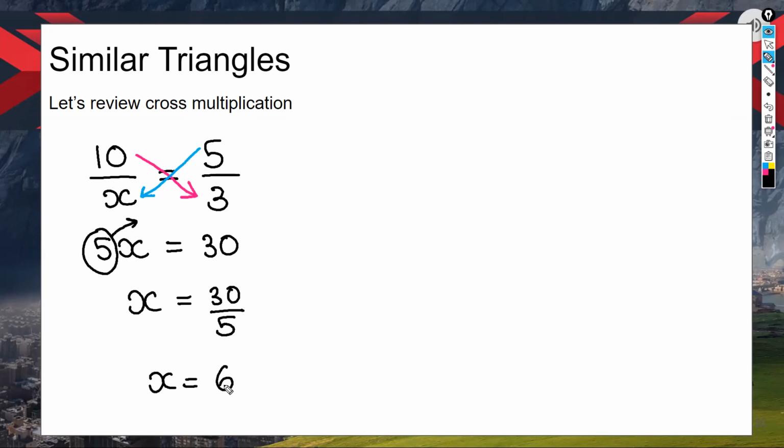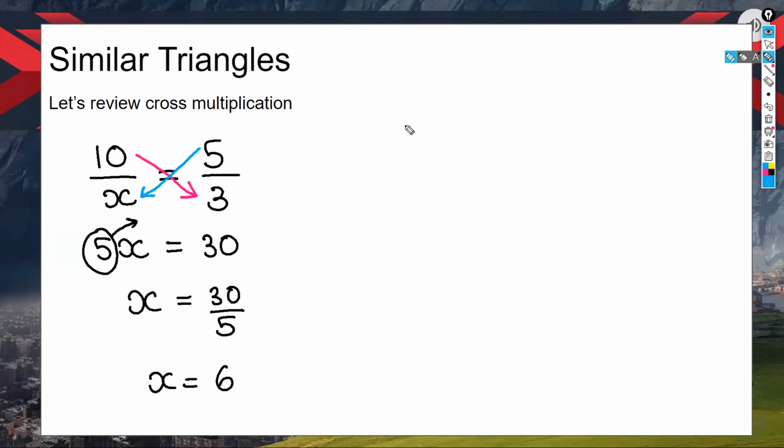All right. So just one more question, and then we can move to similar triangles. This one is not really a trick, but it's going to have 2 letters involving the x.